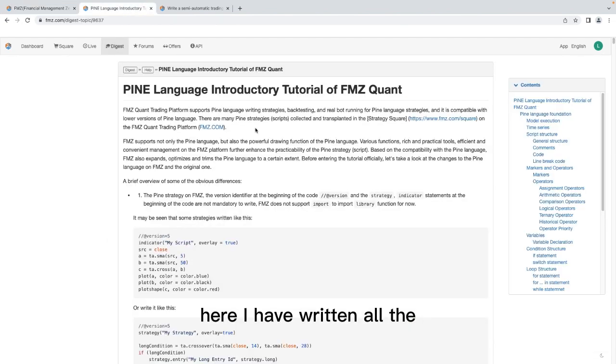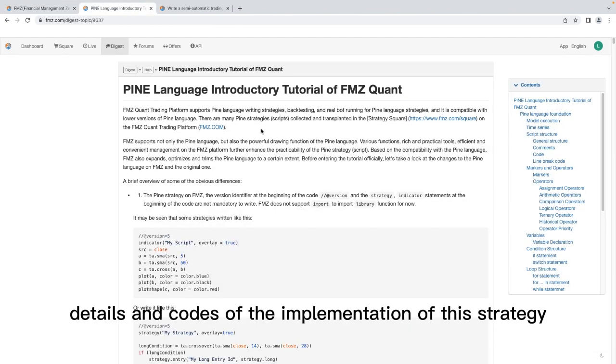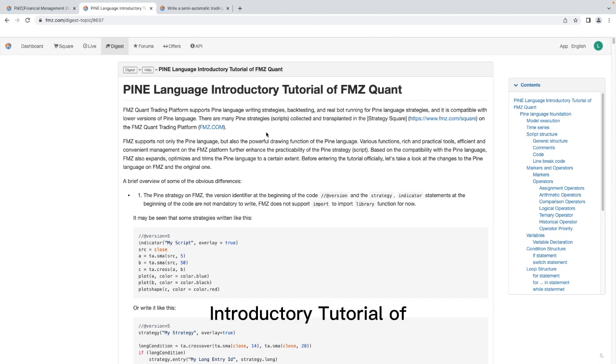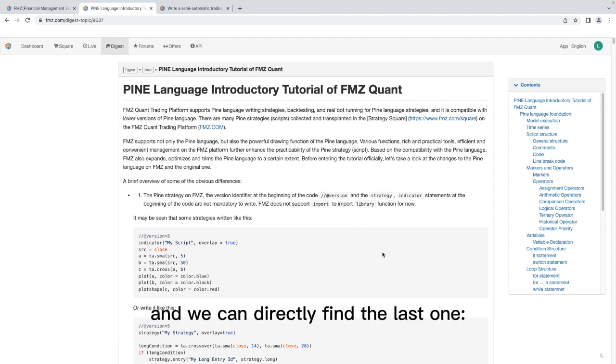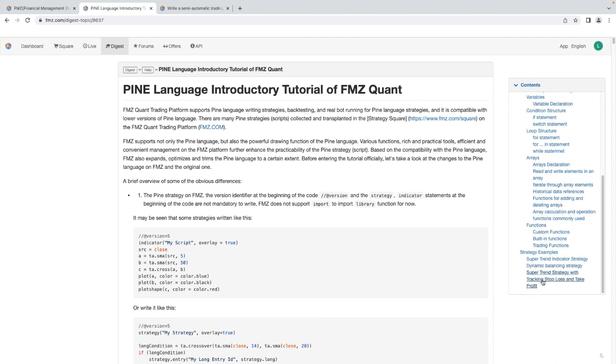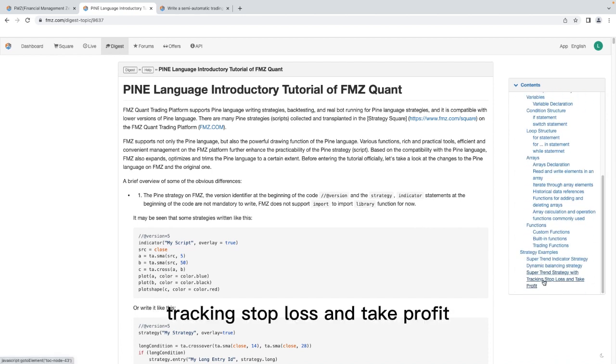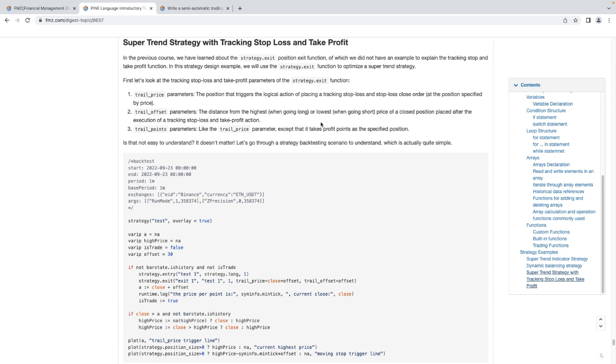Here I have written all the details and codes of the implementation of this strategy in our Python language introductory tutorial of FMZ Quant on our platform. We can also find relevant codes in the tutorial, and we can directly find the last one, tracking stop loss and take profit.